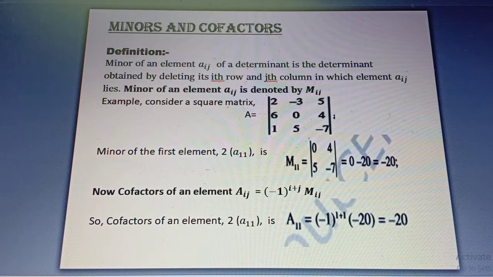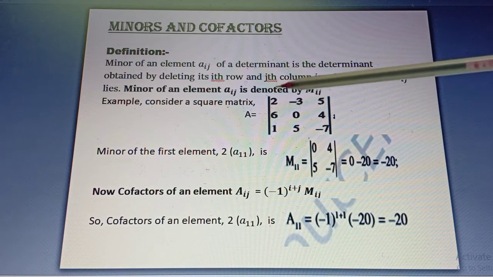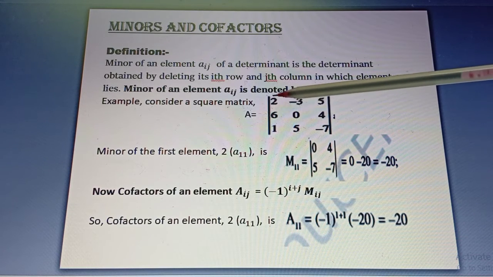The minor of an element Aij of a square matrix or determinant is the determinant obtained by deleting its ith row and jth column in which element Aij lies. For example, in this determinant, the position of the first element is A11.